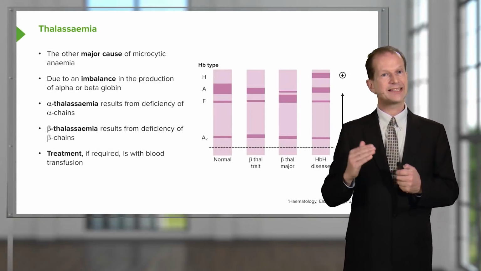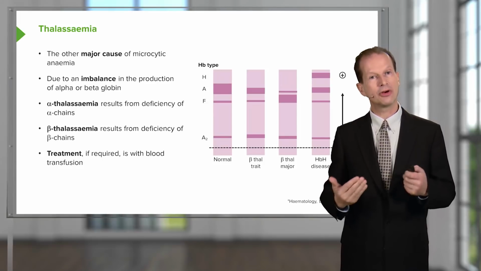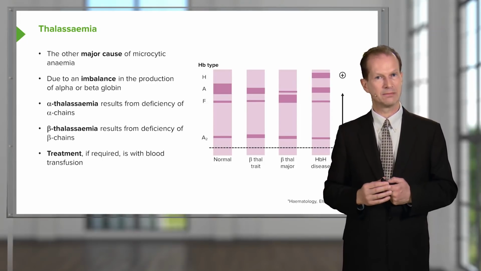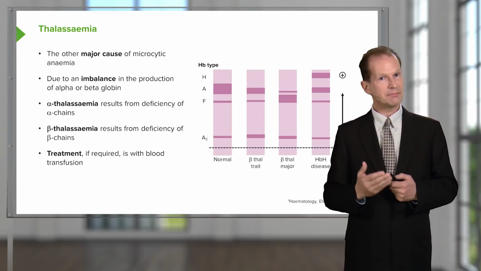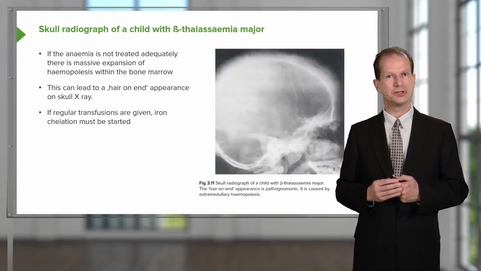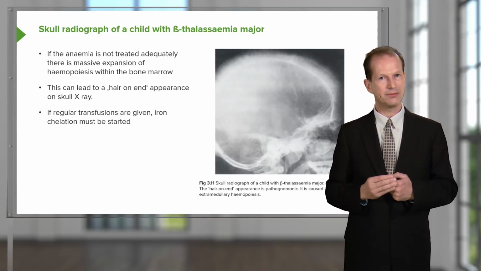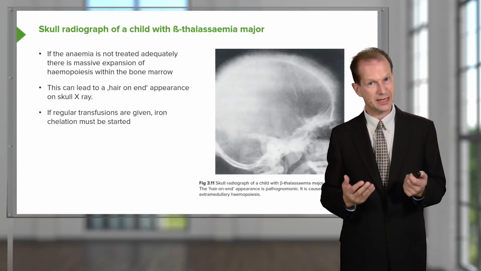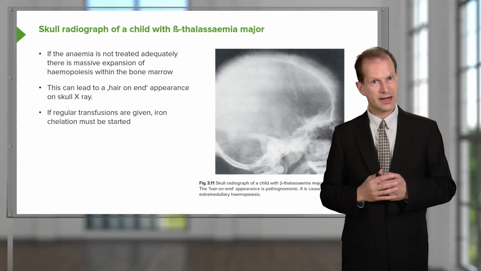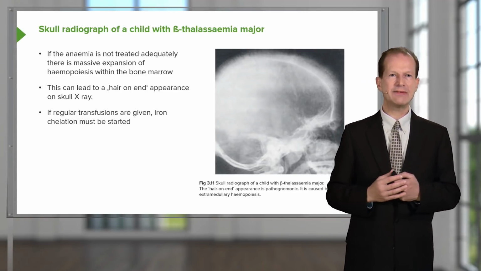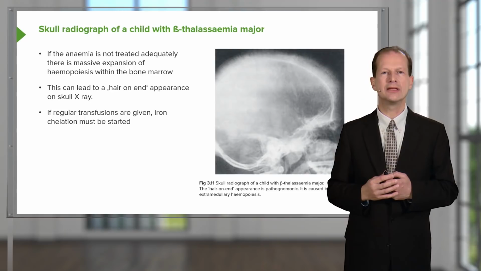Now, if a patient has severe thalassaemia, they will be chronically and severely anemic. The treatment, as I mentioned, can be blood transfusions. But if that is not done to an adequate level, a patient can be chronically anemic. And that can lead to massive expansion of hemopoiesis within the bone marrow.